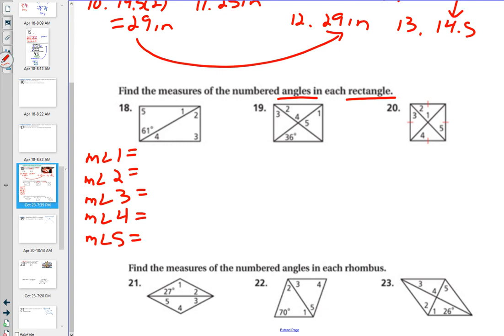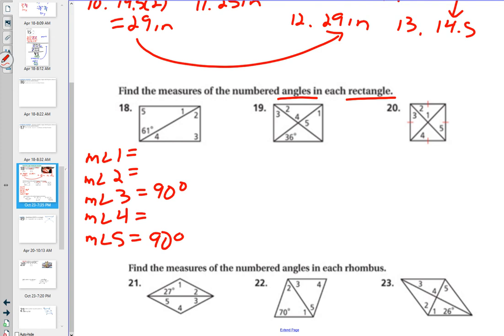Okay, let me rephrase. Let me take out easy. How about the quickest? What would you say would be the quickest ones to find? I would say 3 and 5. Because what are 3 and 5? Yeah, those are right angles. Those are the actual angles of the rectangle. Those are the 90 degrees. There's no work needed there.